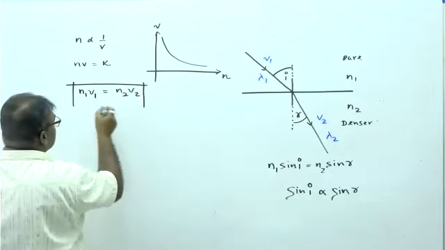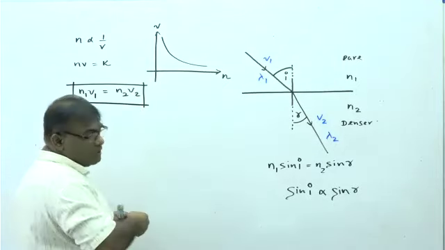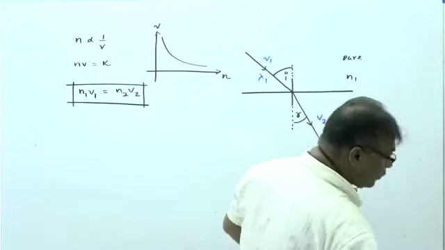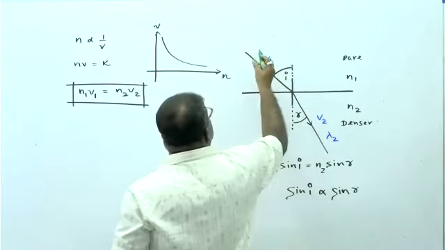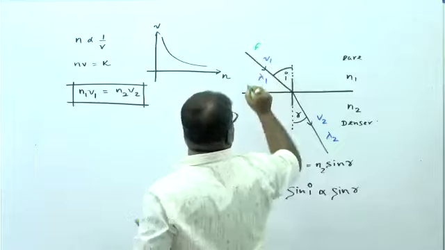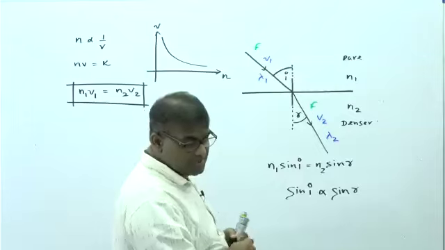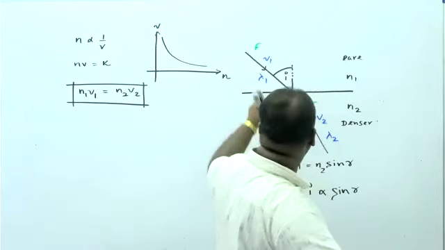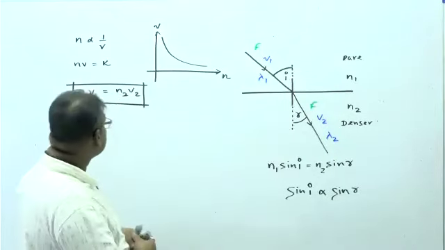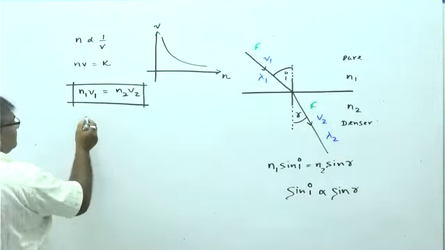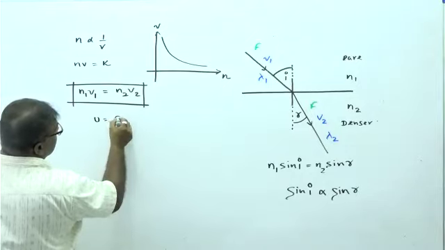But you should know the frequency of this wave. If you consider the frequency of this medium is F, that is the same as the frequency here. Frequency never changes. The frequency of the wave remains the same. Then we can replace V equals F lambda.